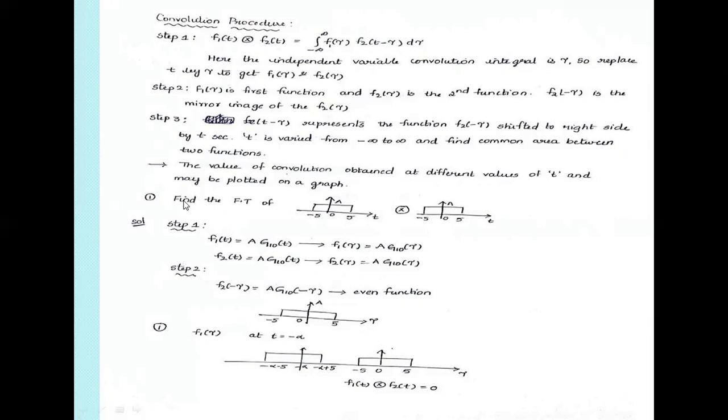Find the convolution of the given two functions. If the given function is a time domain function, it is a convolution of another time domain function because the variable is t here.